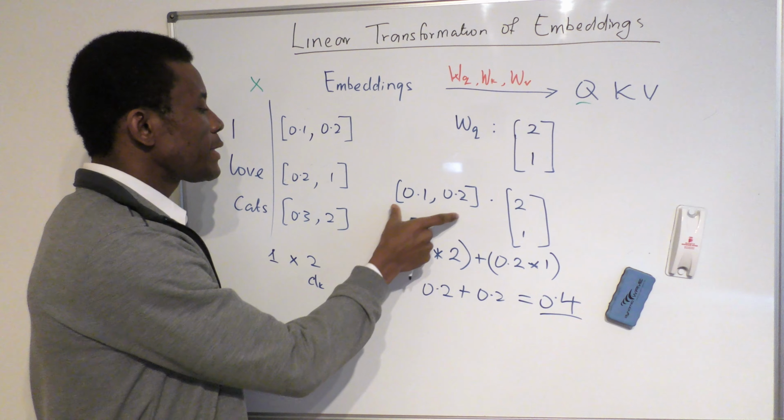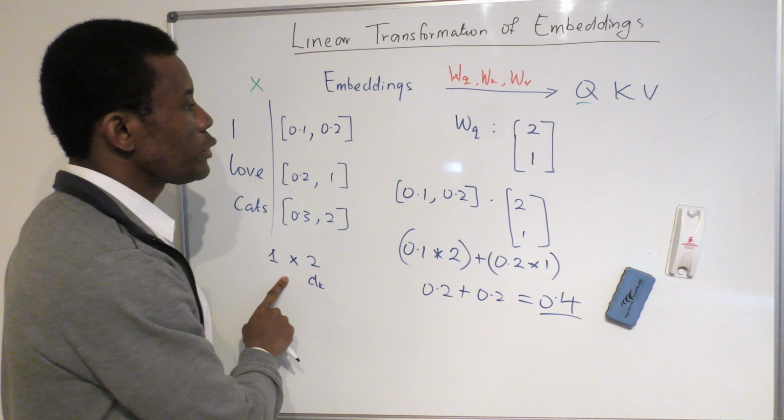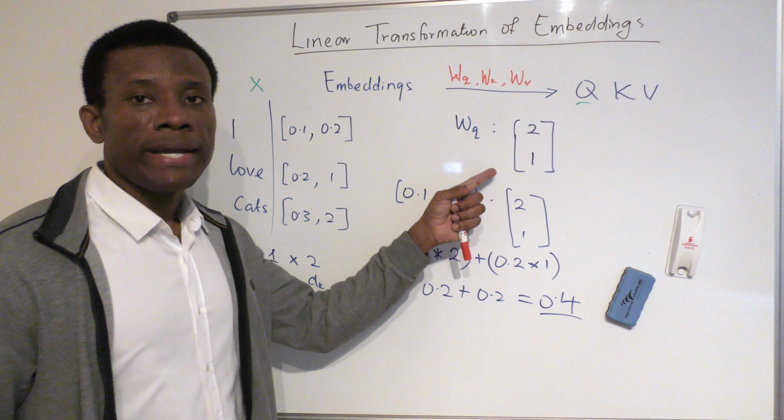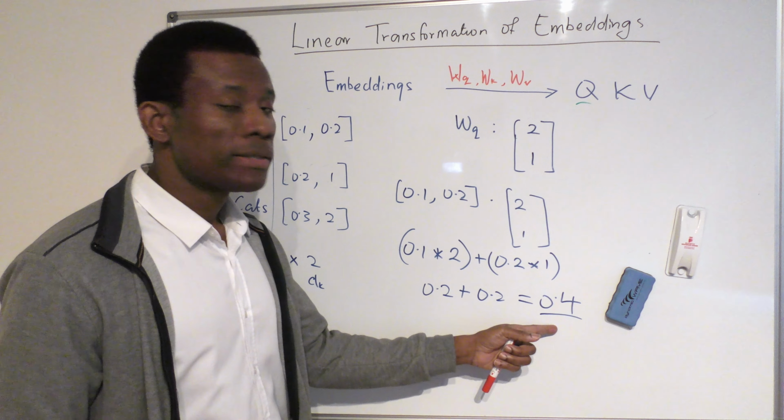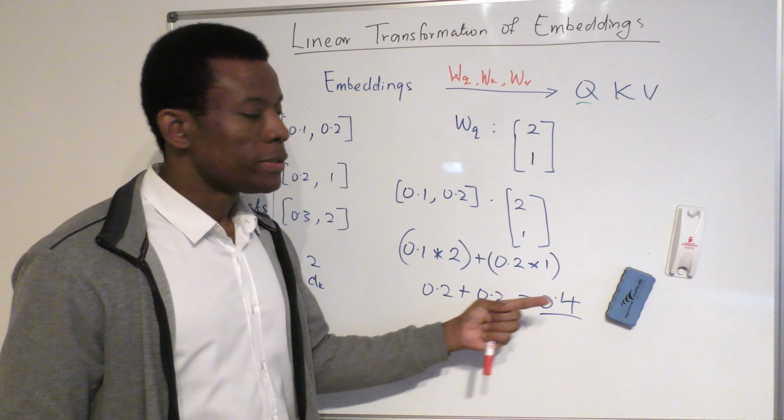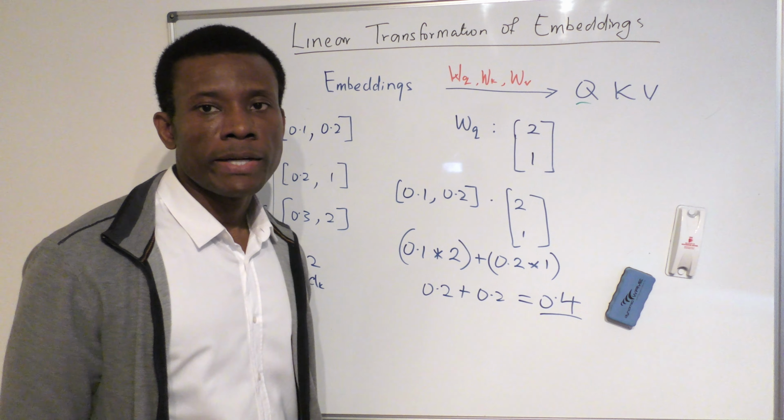So the result of multiplying a 1 by 2 by a 2 by 1 weight matrix is a 1 by 1 result, which is what we have right here.